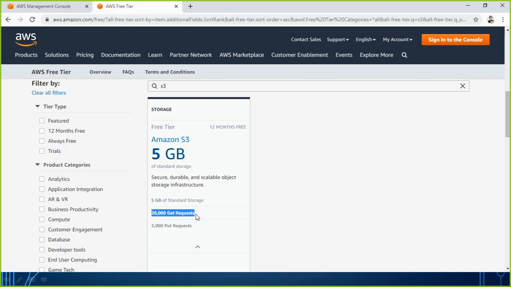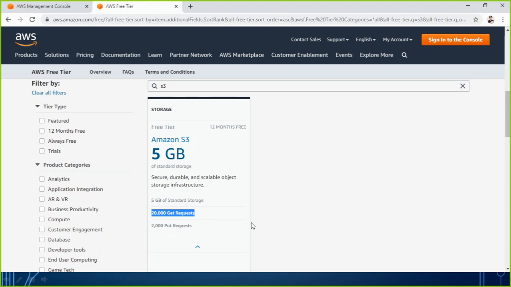For example, I have a video with me. If I upload that video on Amazon S3, this is one time. I have used my one-time upload option. Even if I upload multiple files at once, it will be counted as one upload. So uploads have a limitation of 2,000 PUT requests, and 20,000 GET requests.